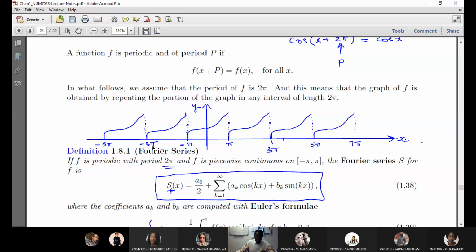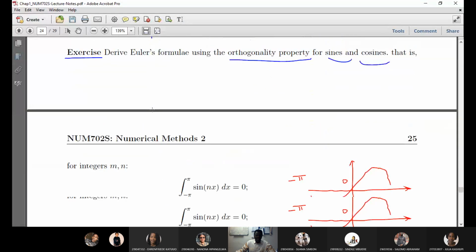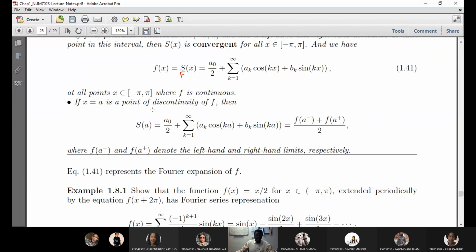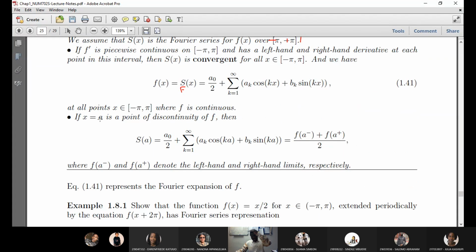So at a discontinuous point, we call it a, the Fourier series will converge towards what? The sum of f of a negative plus f of a positive, divided by 2. Of course, f of a minus and f of a plus are the left and right hand limits.